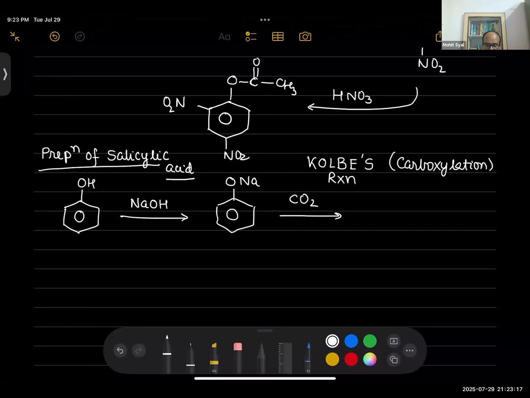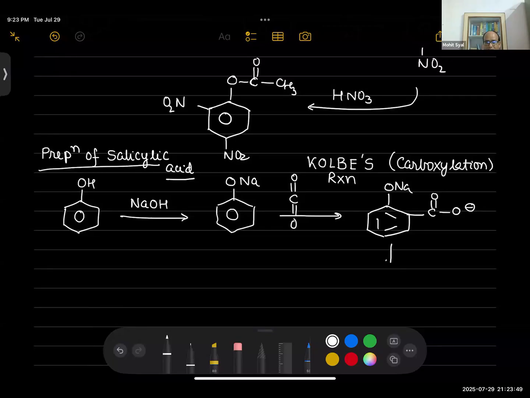So remember we had a minus charge because of the resonance. So that minus charge is going to get connected to CO2. And you will have a CO2 group connected, because the minus charge was there, so now this will become COO minus. Right?